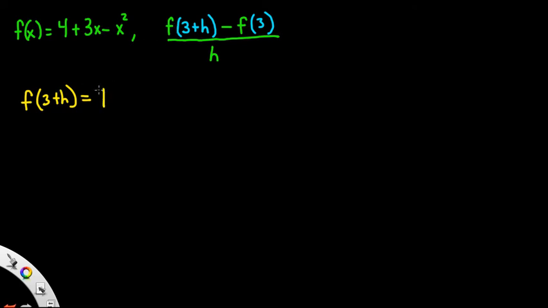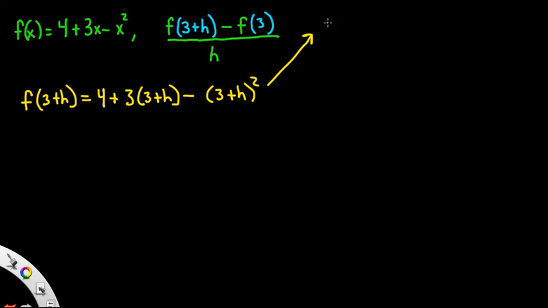So let's write 4 plus 3 times 3 plus h minus 3 plus h squared. Okay, so let's simplify this real fast, and we're going to do that over here.